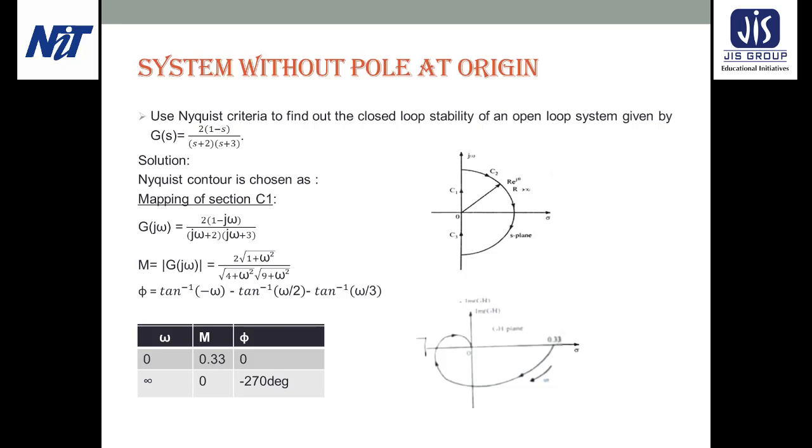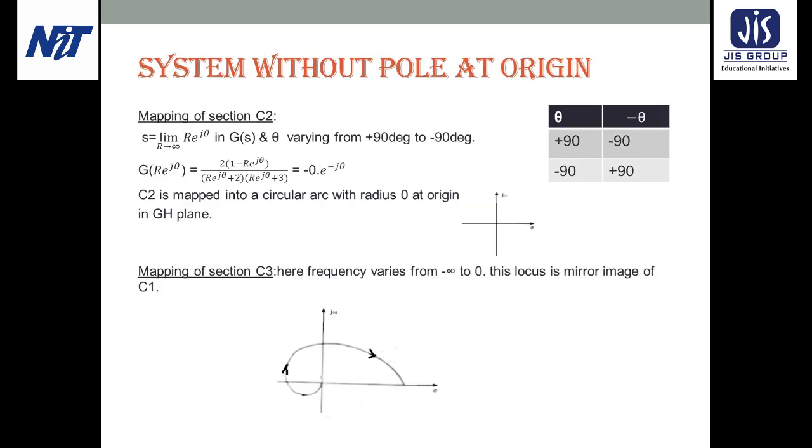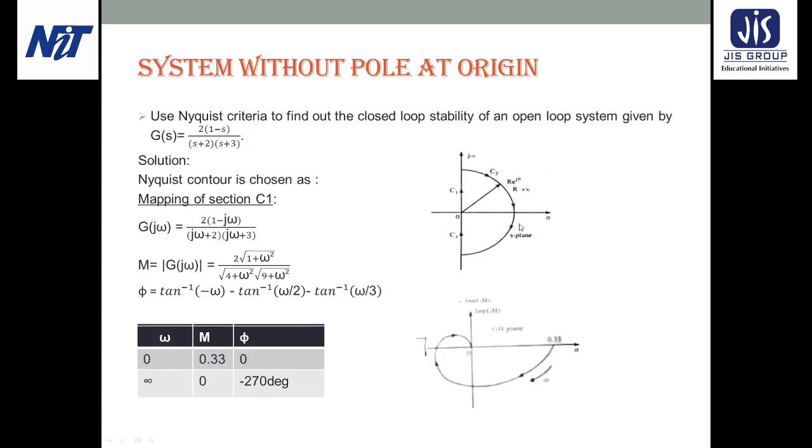And for the next section is the C2 section. If we check here, the C2 section is actually a semicircular arc with infinite radius, and here theta is varying from this line where the angle is 90 degrees to this angle, which is minus 90 degrees. So theta is varying from plus 90 to minus 90.